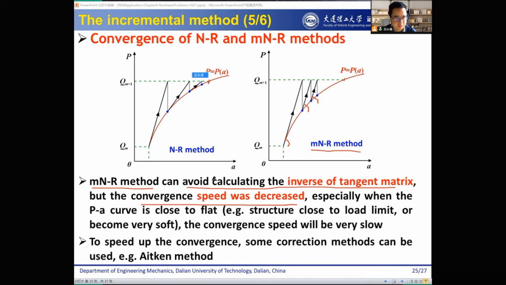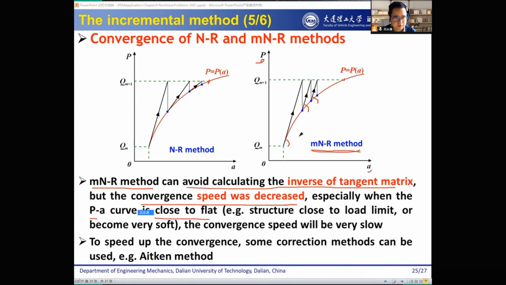That's what we see here. The modified Newton-Raphson method avoids calculating the inverse of the tangent matrix, but the convergence speed is decreased, especially when the PA curve, where P is like Y and A is like X, is close to flat.